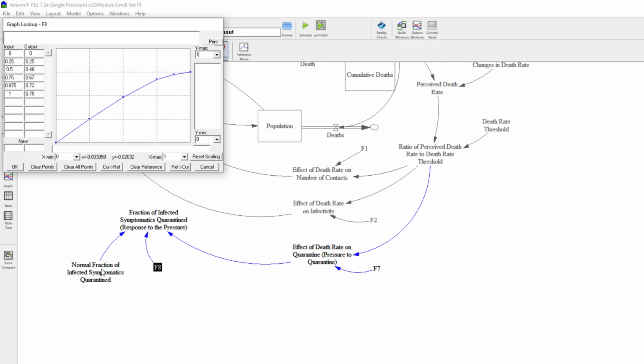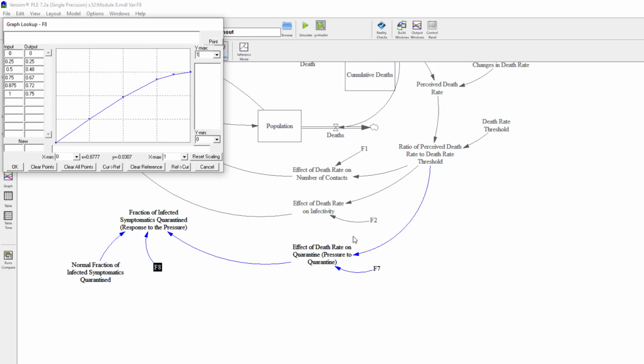And numerically, in the current setting, this x-axis ranges from 0.04 to 0.8. However, we can actually simulate the model with different values of normal fraction of infected symptomatics quarantined. So this value doesn't necessarily have to be set at 0.10.